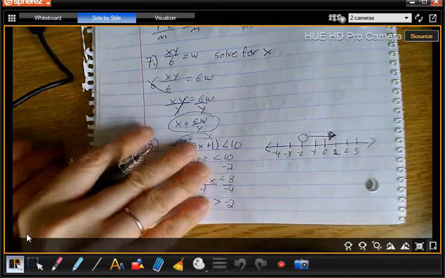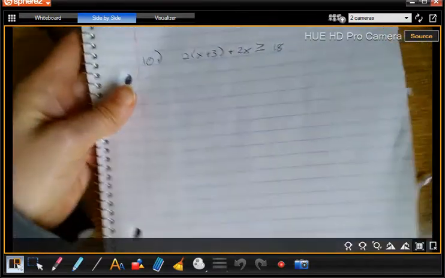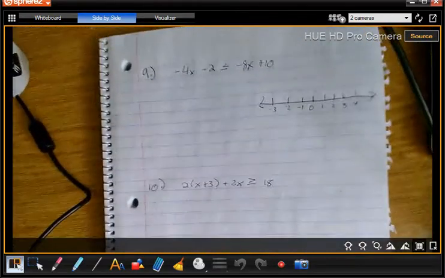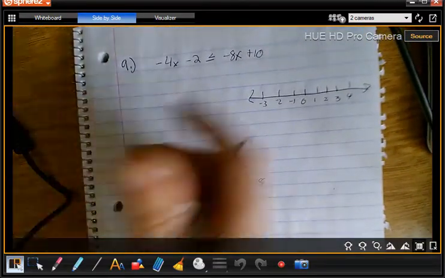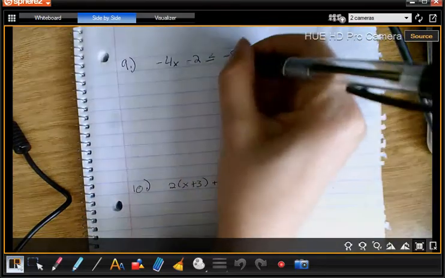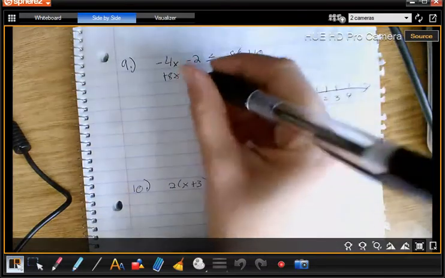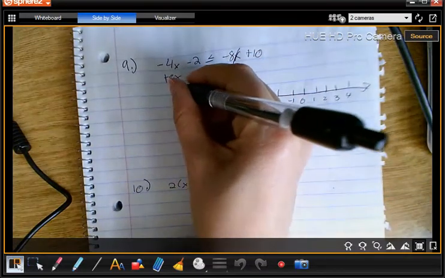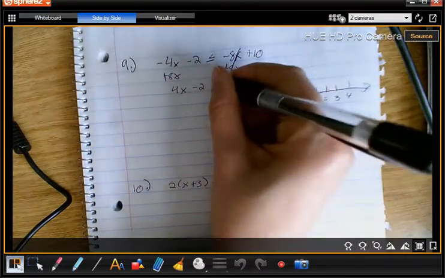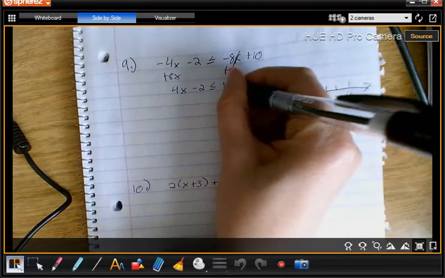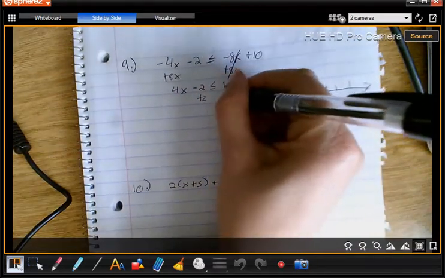Okay, well, let's do a couple more of those. Okay, for here I've got x's on both sides, so I'm going to add 8x to both sides. And I'm going to get 4x minus 2 is less than or equal to 10. I add 2 to both sides.